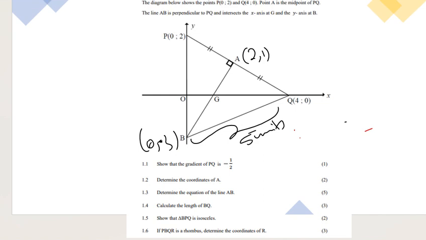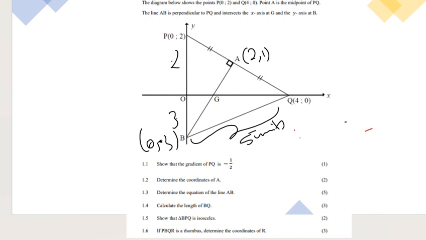I assume that these two sides have to be equal. So from here to here it's 2 units. From here to here is 3 units. 2 plus 3 is equal to 5. And therefore this is an isosceles triangle.